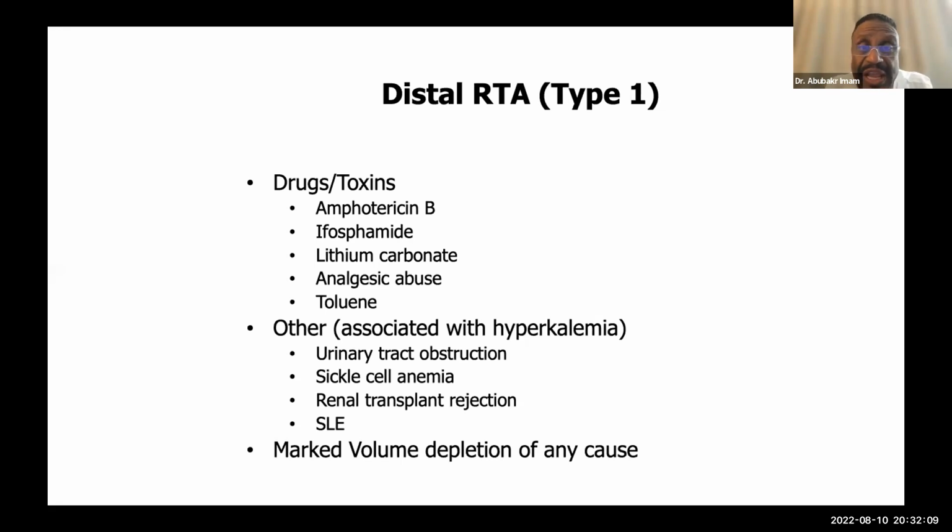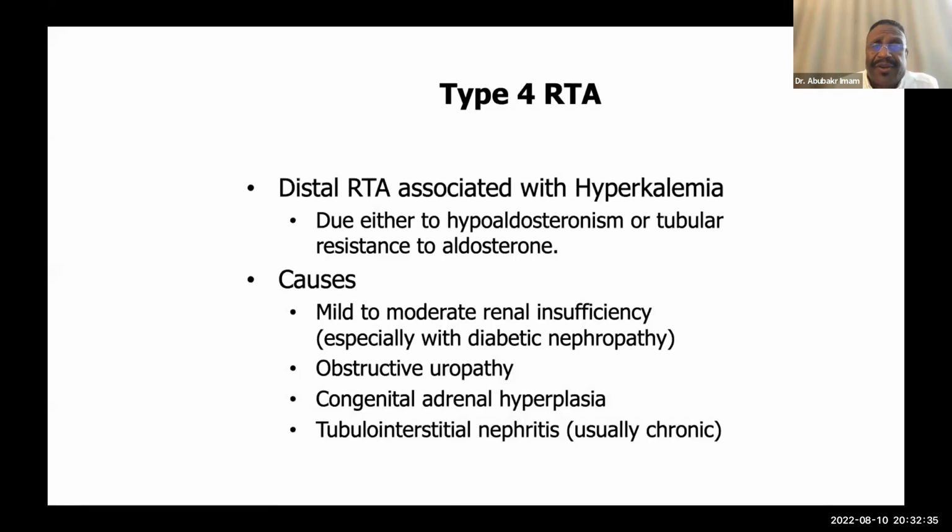And sometimes lithium, a medication used in psychiatric treatment. Urinary tract obstruction can be associated, but when associated with hyperkalemia it is usually the distal part of the nephron, and that's type 4 RTA, sickle cell syndrome, lupus. Any marked volume depletion of any cause can give you type 1 RTA.